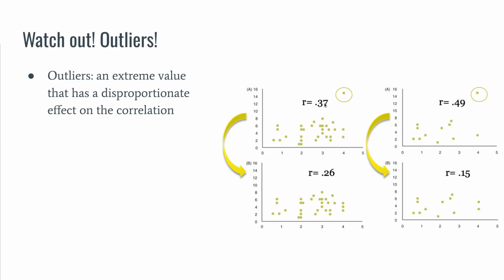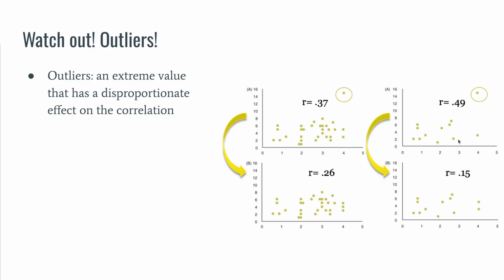This is the data we have, and this single value, this outlier, changes the R value from 0.26 to 0.37. And this is more significant if you have a smaller n size. You can see this one value really changes the correlation coefficient.